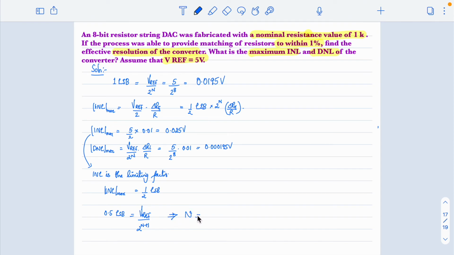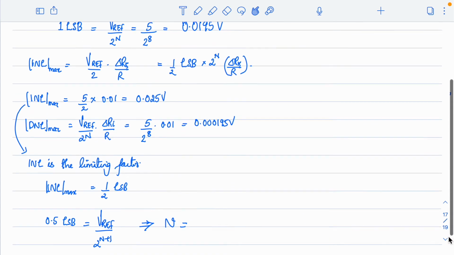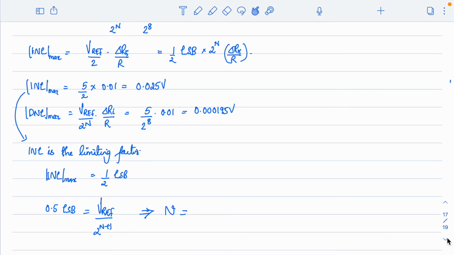So what is the n value? Are you getting the value of n?